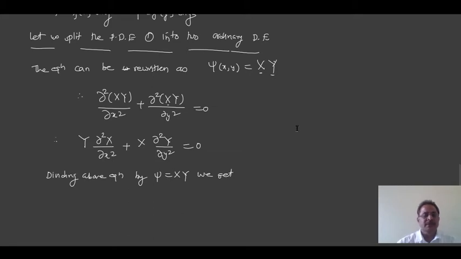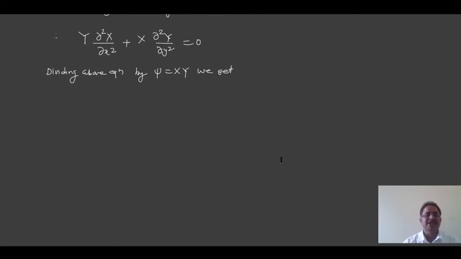Naturally by dividing the first term by XY, Y will get cancelled. When I divide the second term by XY, X will get cancelled and we get 1 upon Y times.